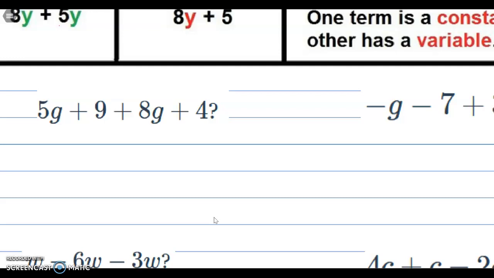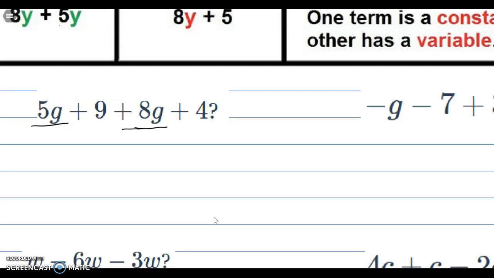So watch, I'm going to put this 5G and underline it, and I'm going to look for every other term that's like it. Notice how this 8G is like it. So I underlined it, and I'm going to underline the sign that's in front of it because it's attached to that. This is a positive 8G.